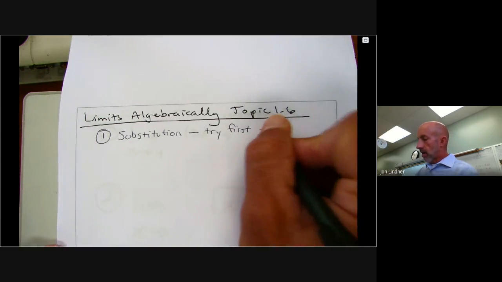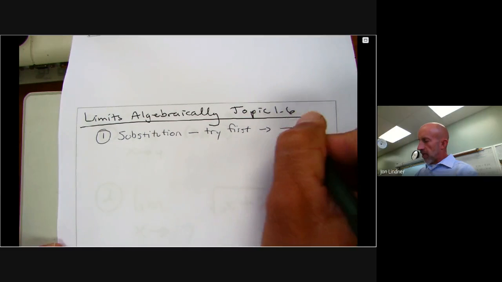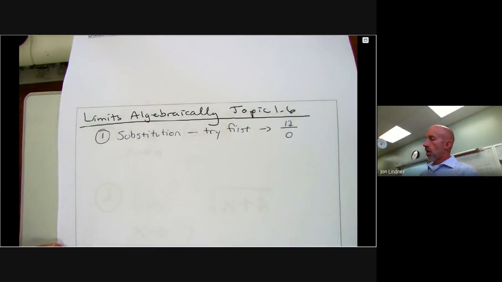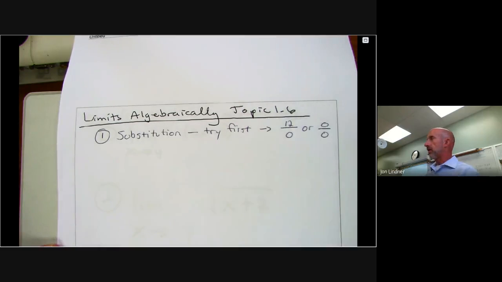We might get a situation where we have a 0 in the denominator, like 12 over 0, or we might get an indeterminate form, like 0 over 0.